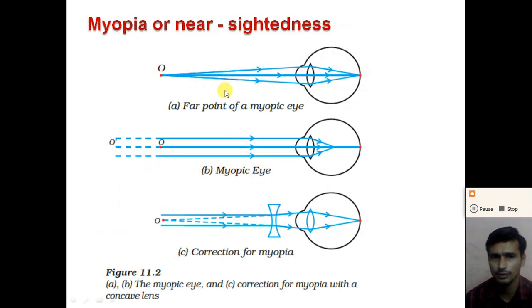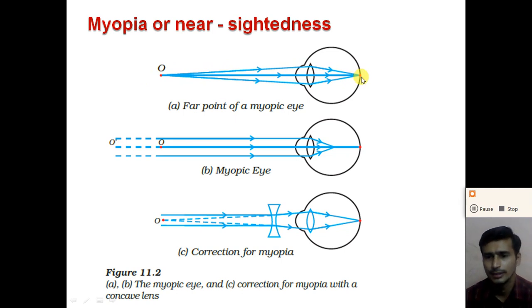Dear student, first of all, in our normal condition, the image of the object must be formed on the retina to see a clear object, right? So here if we consider the far point of the myopia eye, the object is placed at a point O, and the rays coming from point O, after refracting by a lens, form an image on the retina.